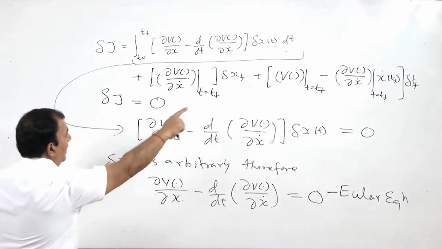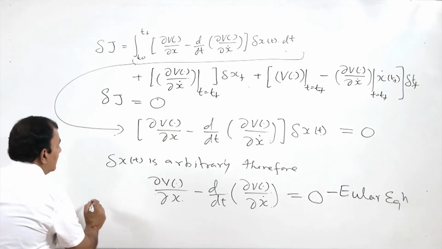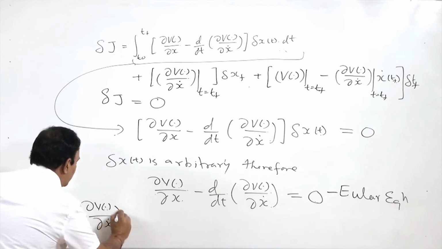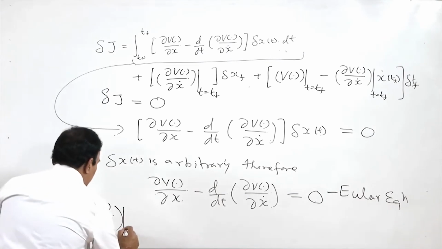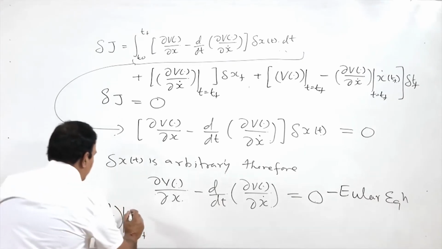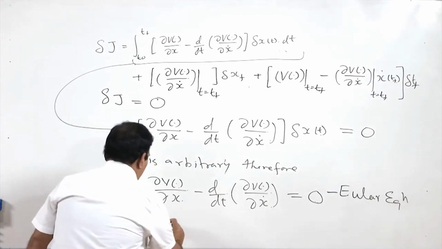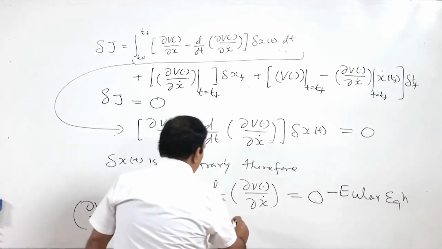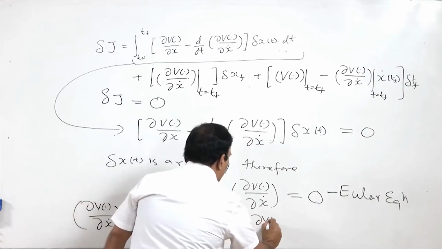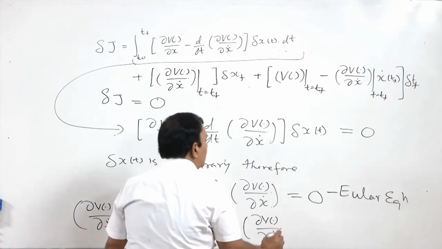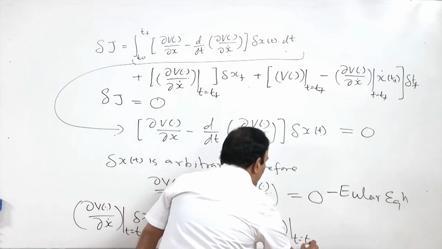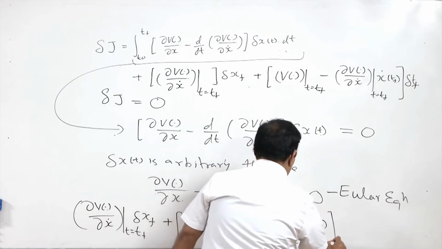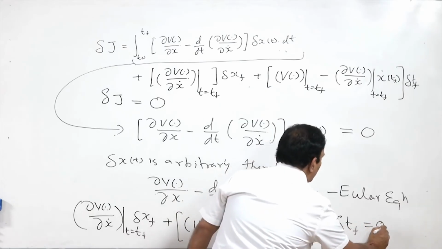Subjected to this, I will have the boundary conditions. This means del v dot by del x dot at t equal to Tf point, I am evaluating this with delta xf, plus v dot at t equal to Tf point, minus del v dot by del x dot, again evaluating at t equal to Tf point, x dot of Tf delta Tf, that will be equal to 0.